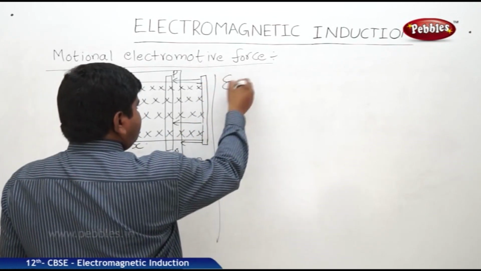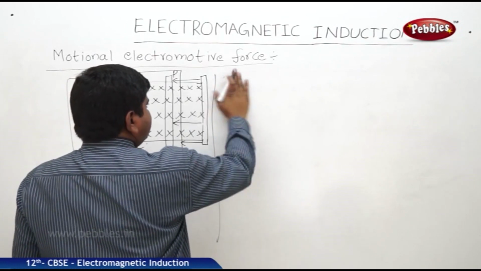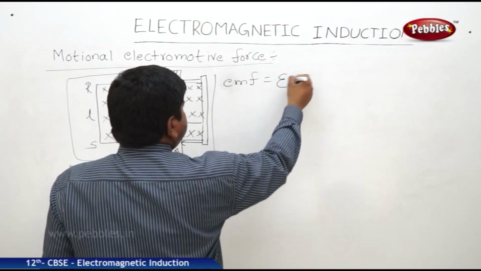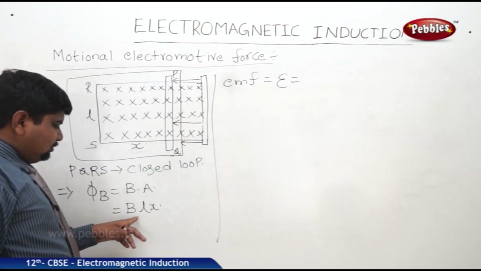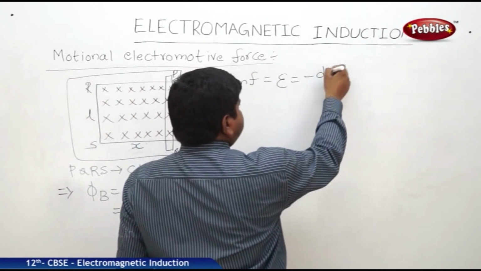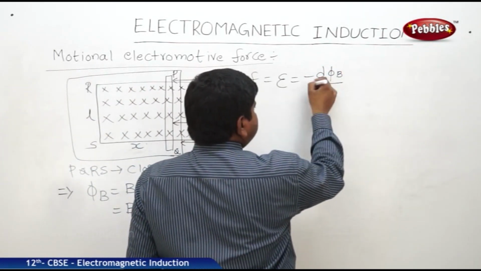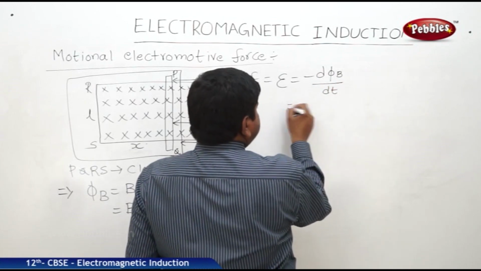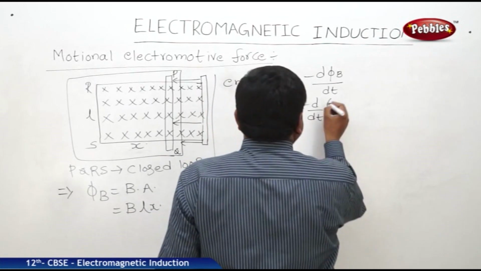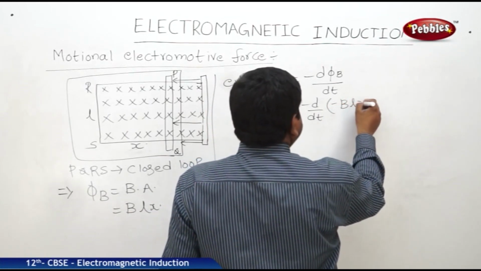Now, EMF, electromotive force, E is equal to minus d phi B by dt. So minus d by dt of phi B is minus BLx.